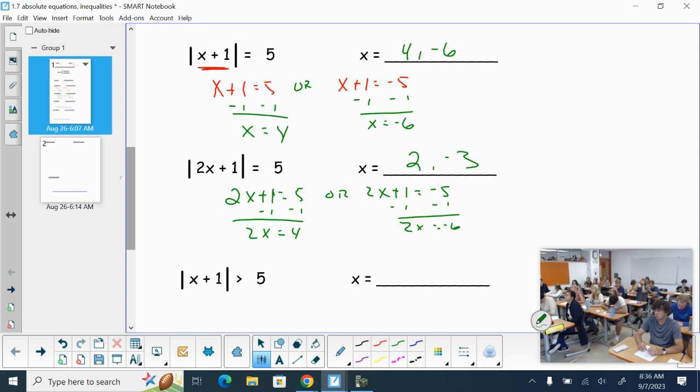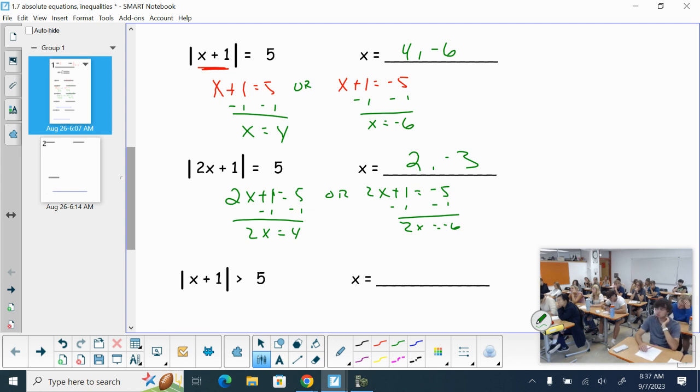We just dropped our absolute values and we rewrote 2x plus 1 equals 5. When we did our second equation, we dropped our absolute values, but we made this its opposite, a -5. So we dropped the absolute values, made it -5.